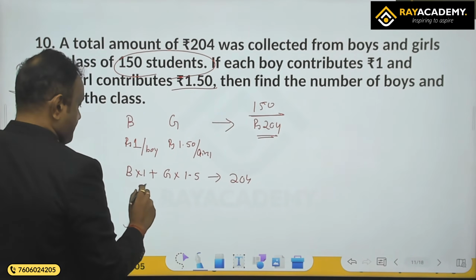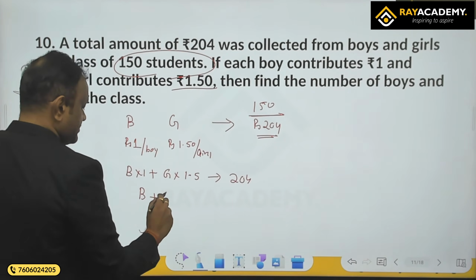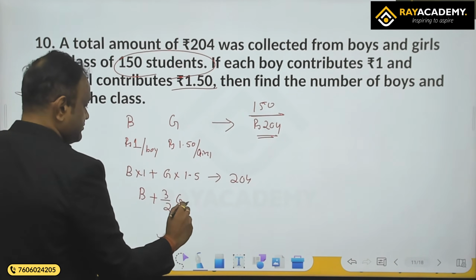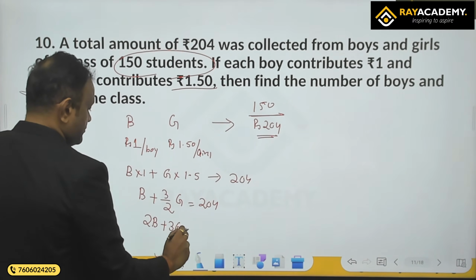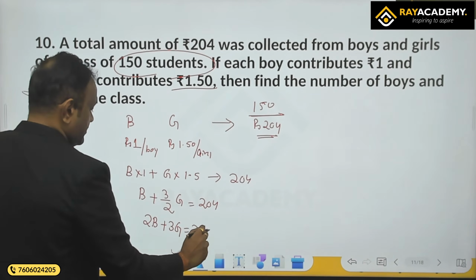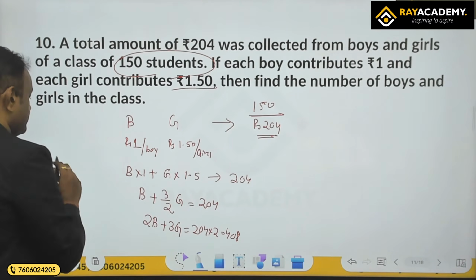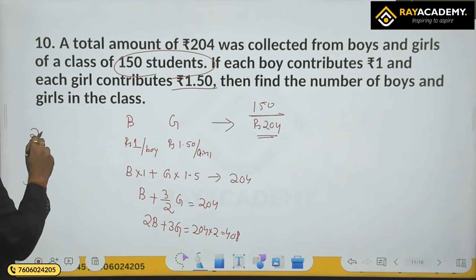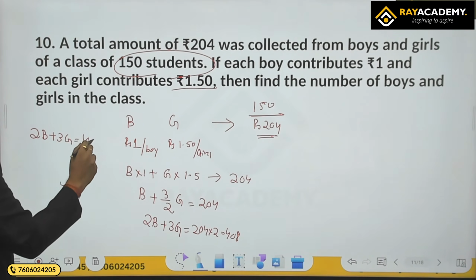So B plus 3 by 2 G equals 204. So you can say 2B plus 3G equals 204 into 2, that is 408. So this is one of the equations: twice the boys plus thrice the girls equals 408.